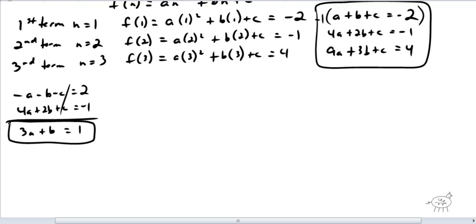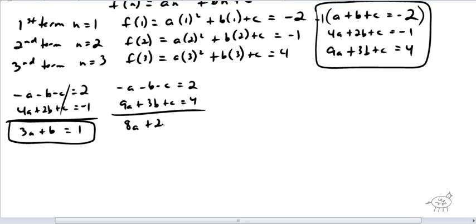Again, I'm going to multiply the top one by -1, so it's -a minus b minus c equals 2. And then the bottom one is just 9a plus 3b plus c equals 4. So I get 8a plus 2b, and the c's again cancel, equals 6. So there's my second equation.